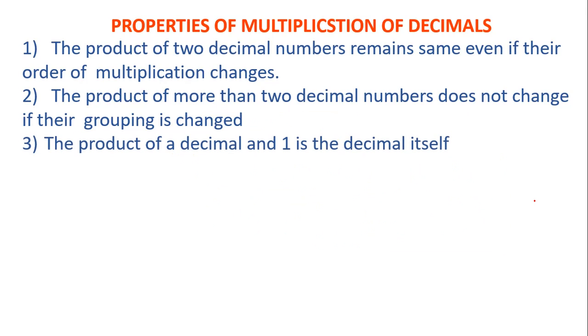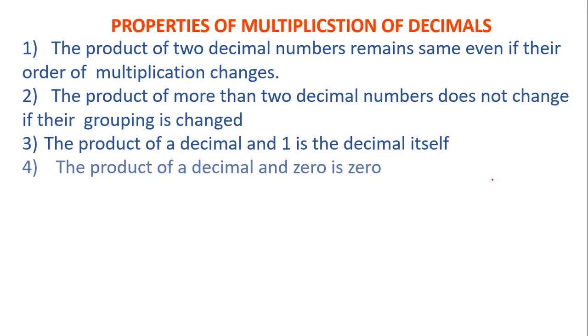Third one, the product of decimal number and 1 is decimal number itself. Meaning of this one is, if I multiply any decimal number, for example 0.23 into 1, will get answer as same decimal number, that is 0.23.